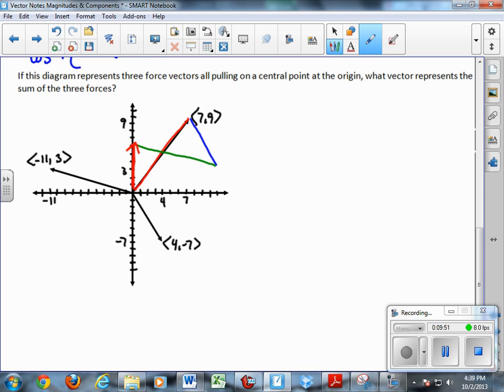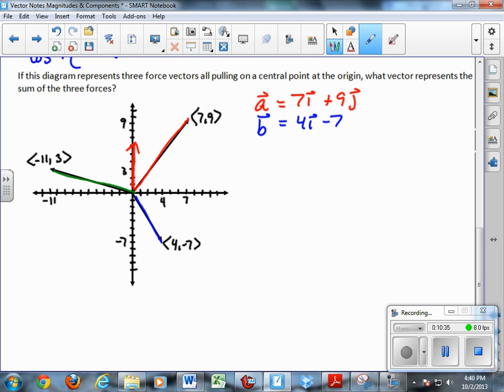Now, notice this notation. I mentioned this in the first video. This is another way of writing 7i plus 9j. So let's call the red vector vector A. So vector A is 7i plus 9j. And vector B, which was the blue one, is equal to 4i minus 7j.